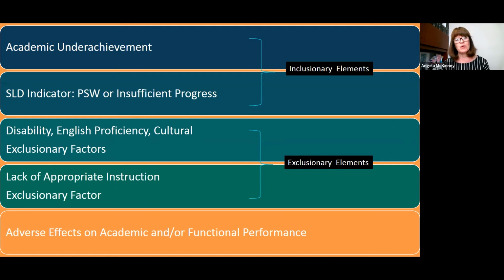And then we also finally have to show that there is adverse effect on academic or functional performance. And those pieces we take care of through all of the things that we do, all the data that we collect, the way that we fill out our reports, the way that we use, if you're using that SLD checklist within the system, that can help make sure that you've covered all those things as well.